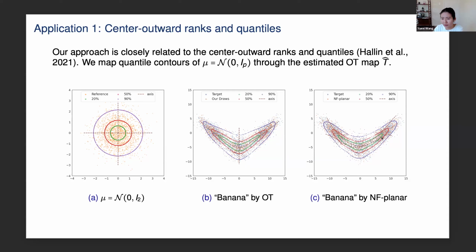And for the quantiles, you also approximately capture this banana shape, the non-convex banana shape. But if you look at the sine curves, the directional information is completely distorted, because the transport map here does not have the nice rank-preserving property.